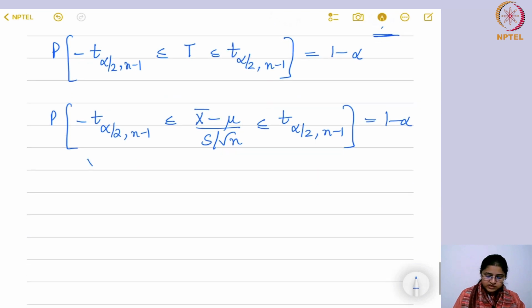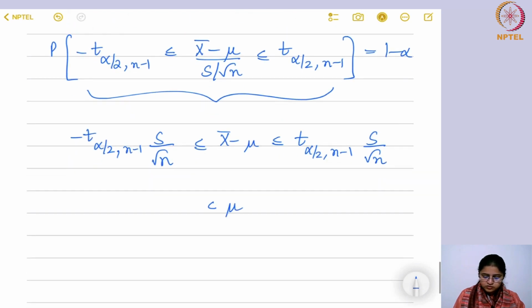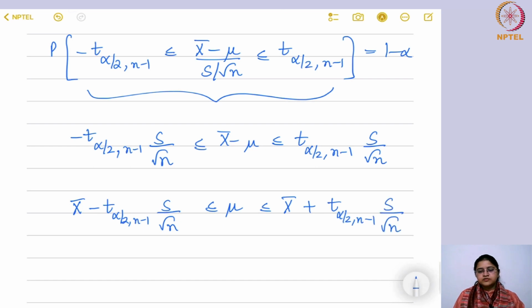So if I simplify this interval over here, you can see that I can take s by root n to the other end. So here you have x bar minus mu, and this one would be t alpha by 2, n minus 1 times s by root n, and I can find bounds for mu. So x bar minus t alpha by 2, n minus 1 s by root n, and x bar plus t alpha by 2, n minus 1 s by root n.